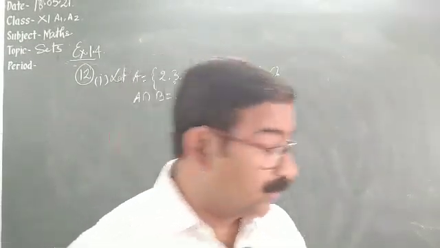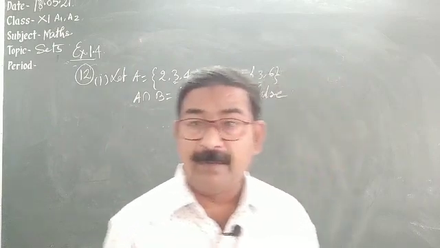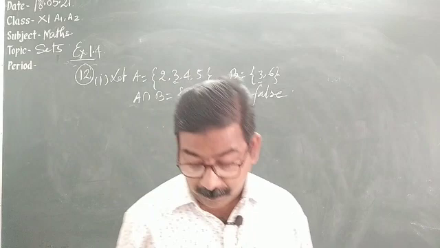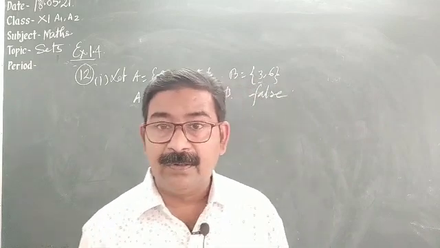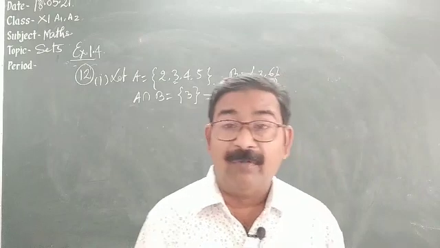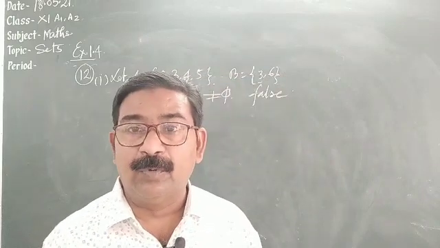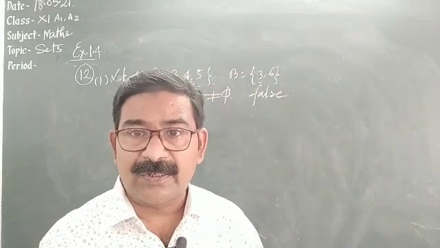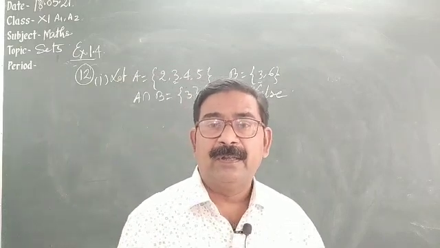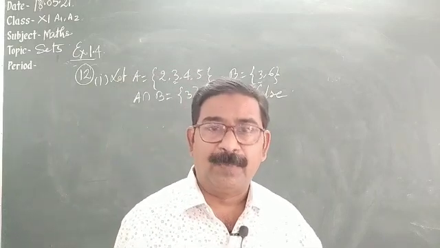Now we are going to proceed to exercise 1.5, and before starting the exercise we should know about the complement of the set. You have been told what a complement is. When a set is removed from the universal set, whatever elements are left is called the complement of the set.